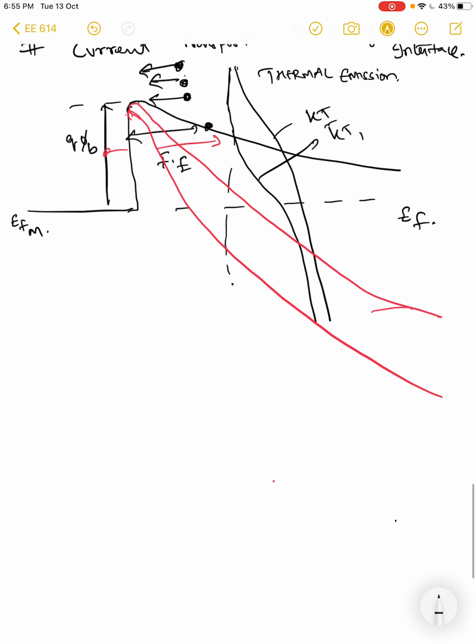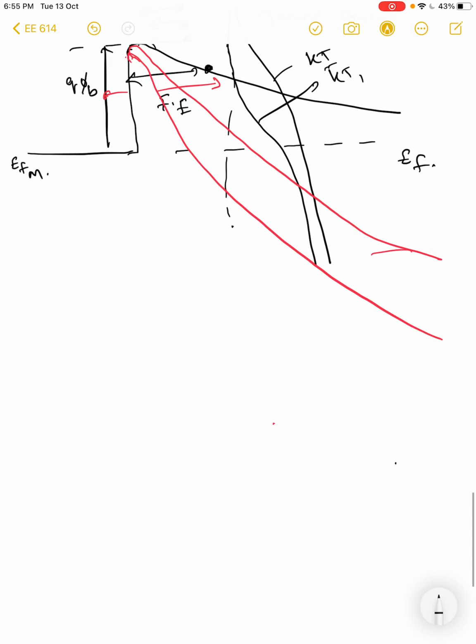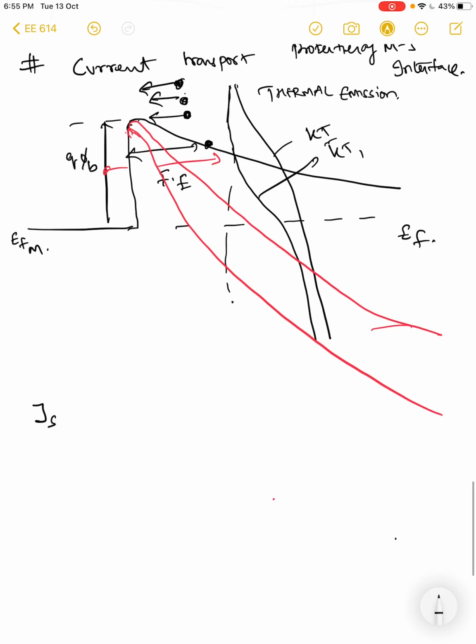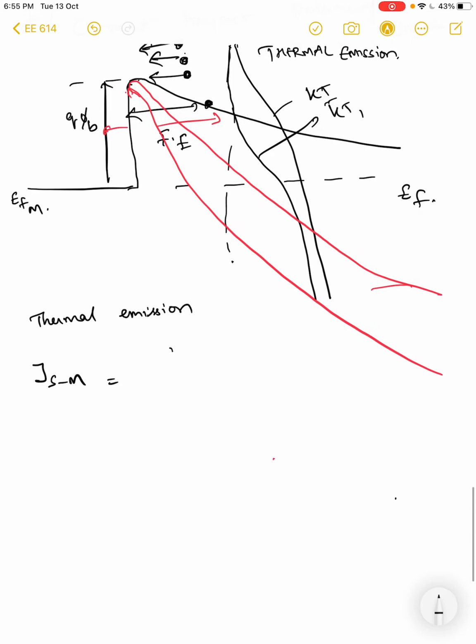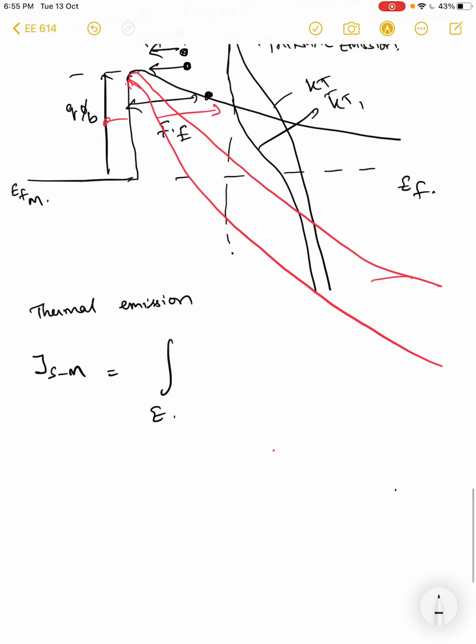So the actual current from semiconductor to metal in thermal emission is basically some integral of all energies above the barrier height, EF plus Q psi B, of Q Vx dn.